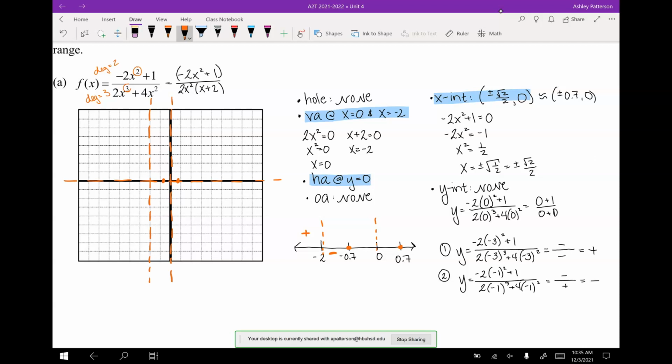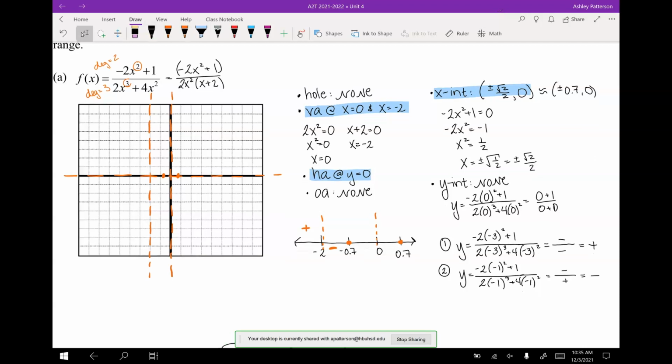All right, third region, between the x-intercept and the second vertical asymptote. What's a value in between -0.7 and 0? Negative 0.5. I love it, -0.5, perfect. Let's do it.